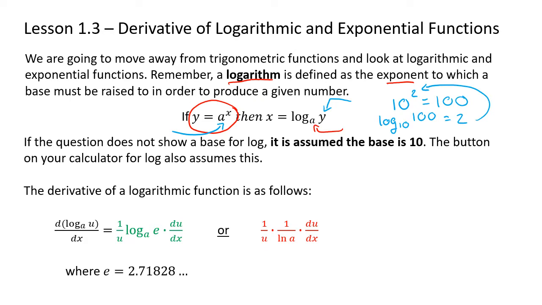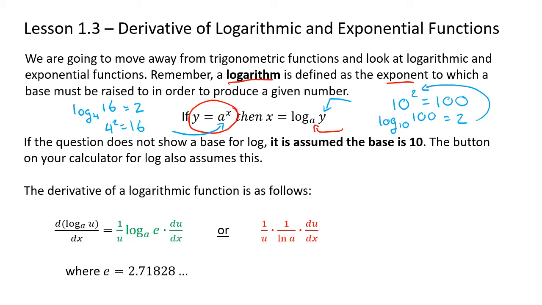Now, one thing that's important to note is your calculator assumes it's always base 10. So you might see questions that have log base 4 of a number, let's say 16. In that case, it'd be 2 because 4 squared is 16. But anytime you're using your calculator, unless you get into more expensive ones, the only one that they do is the base of 10.